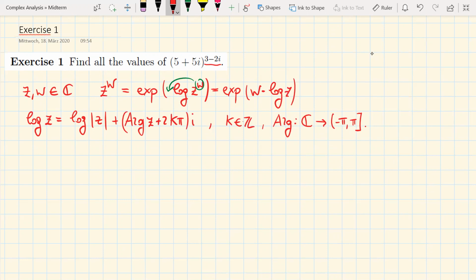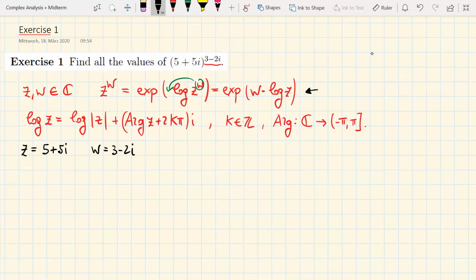In our case, what is z and w? So in our case, z is equal to 5 + 5i, and w is 3 - 2i. So in order to apply this formula, we need now to compute the norm of z and the argument of z.